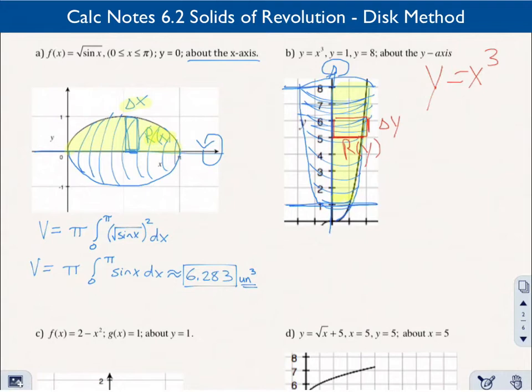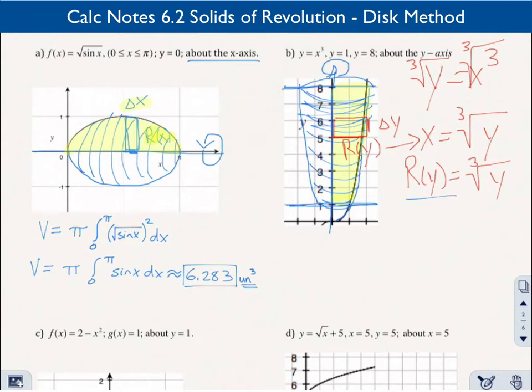So if we wanted to solve for x, we would just take the cube root of both sides. So x equals the cube root of y. And basically, if you're trying to find r of y, that's what we need, an x equals function. So r of y equals the cube root of y.